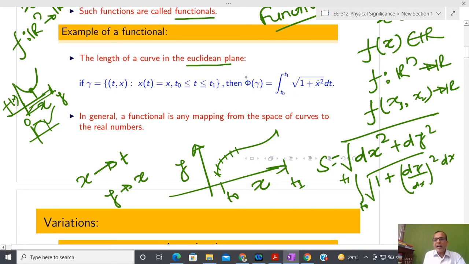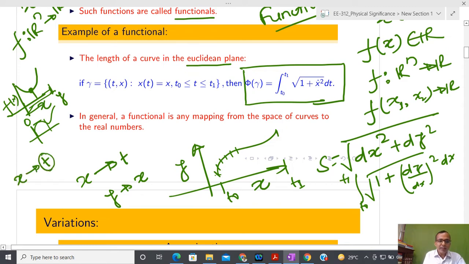So now try to see this curve carefully. Here, if you see x, x itself varies with t. Here t is some kind of real number that maps to x, so this is a function. Now x dot is also a function of t, since it varies with t, so again this is a function.